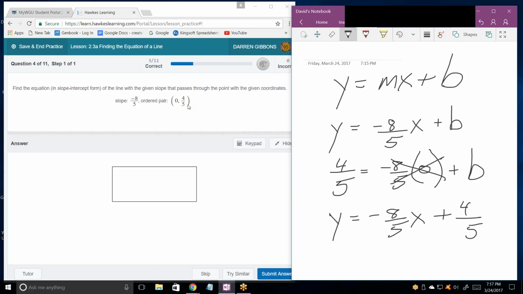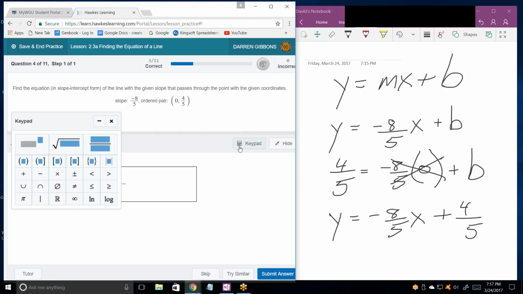All right, I've got to get my keypad closer to me. So let's see, I've got to go straight to the keypad. I guess I can hit a negative sign. I've got to hit y equals also. Y equals negative, keypad, 8 divided by 5.